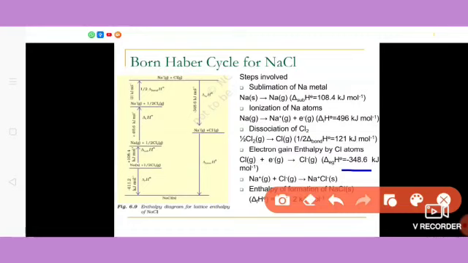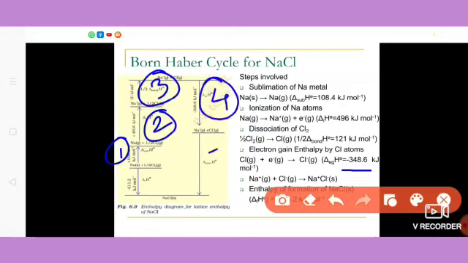Now, the last step is the combination of the sodium ions and the chloride ions to form solid sodium chloride crystal. So, in all we can say that this is the first step, this is the second step, this one is the third step, this one is the fourth step, and this one is the fifth step.